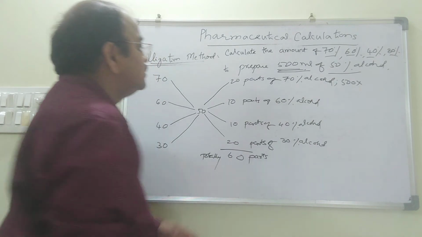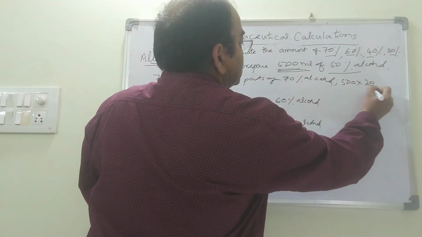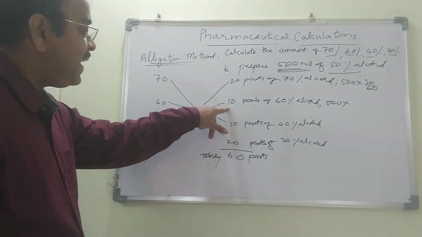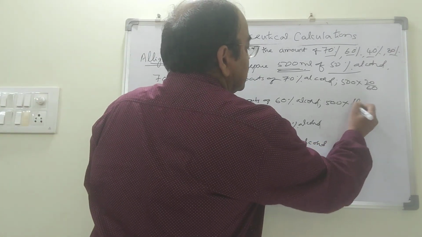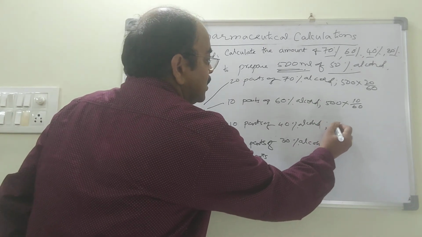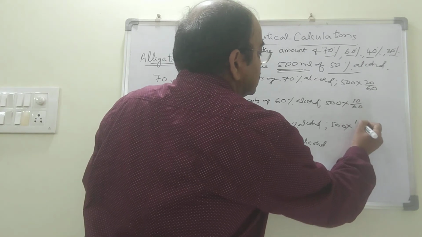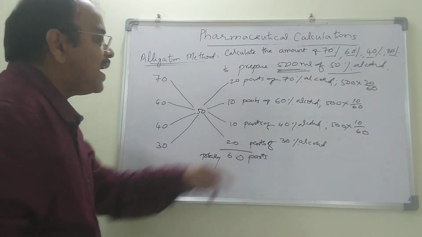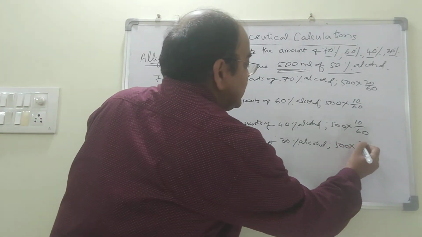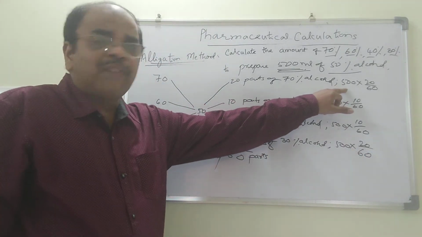500 into 20 by 60, 500 into 10 by 60, 500 into 10 by 60, 500 into 20 by 60. What is this 500?